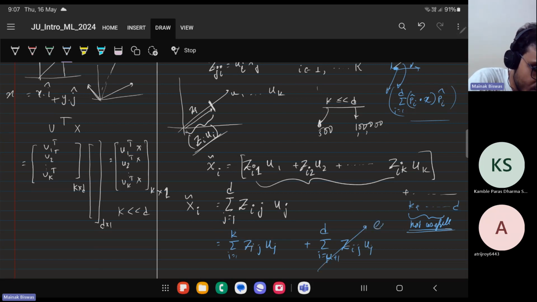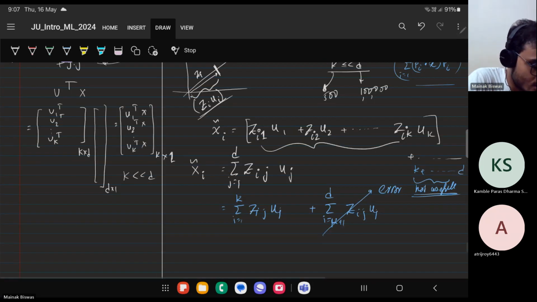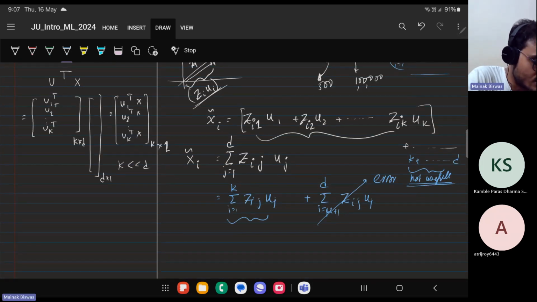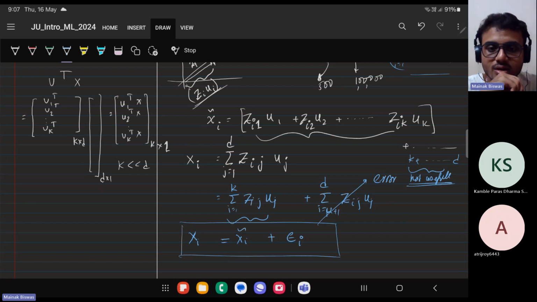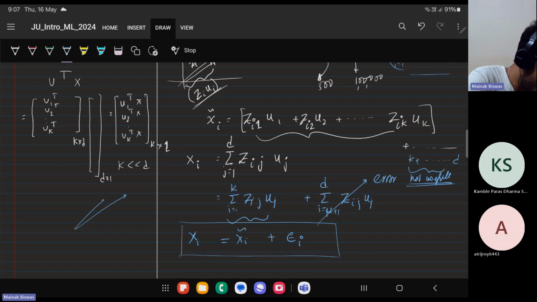This term is the error, right? And this is the reconstruction, right? So it should not be xi tilde. Xi should be xi tilde plus error i. Clear? From K plus 1 to D is your error. From 1 to K is your reconstruction. So for example, if you just have one coordinate, this is your error, this is your xi tilde, right?